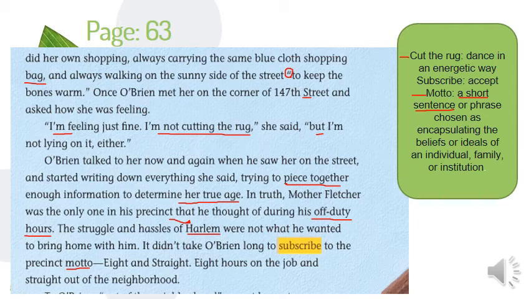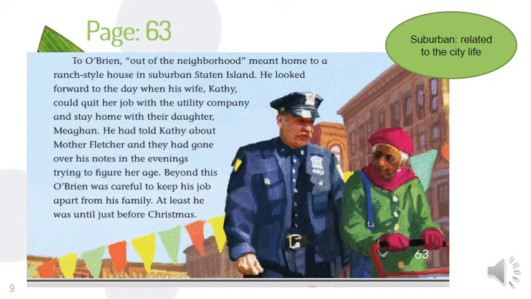Yes, what is it? Eight and straight. The meaning of eight and straight. This is their motto, the police officers' motto. Eight and straight means 8 hours and straight go to your home. 8 hours on the job and straight out of the neighborhood. Don't think about this neighborhood. Okay, this is page 63.